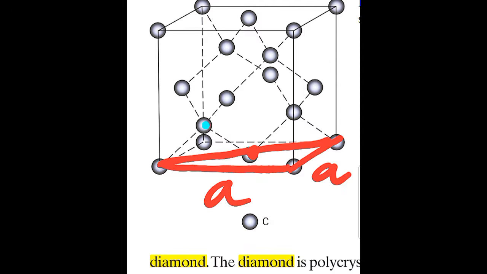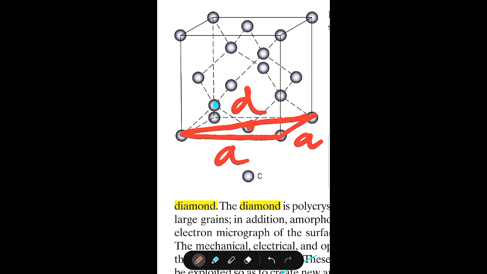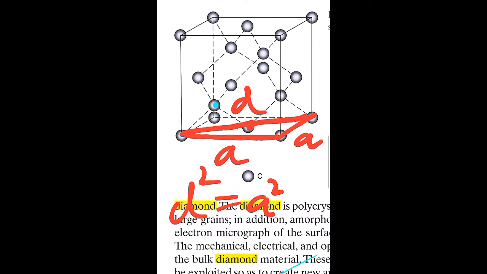So we can find this unknown length from the Pythagoras theorem. This whole length is D. We can use the Pythagoras theorem to find this D length, which is the hypotenuse, and D squared equals A squared plus A squared.